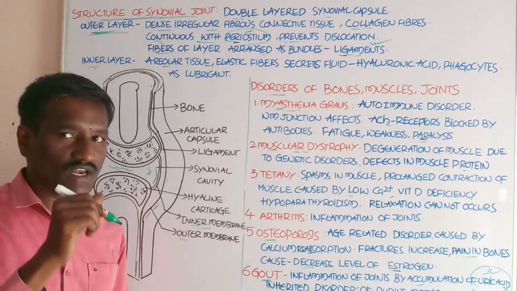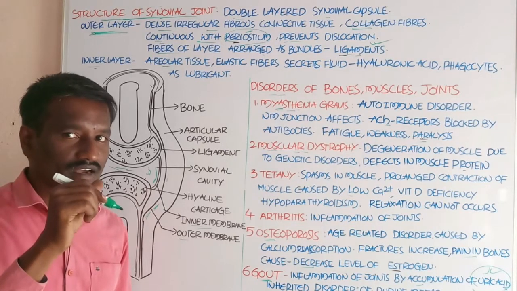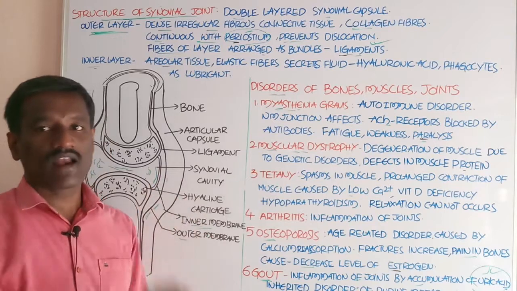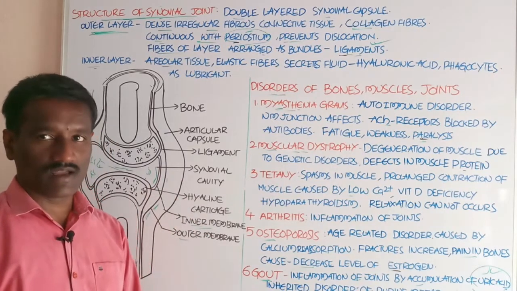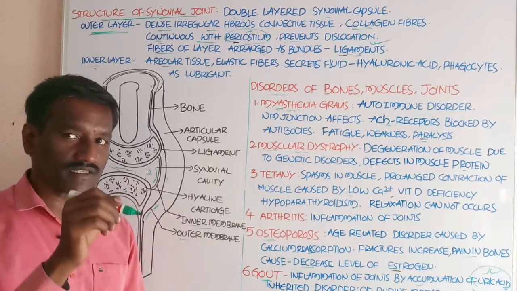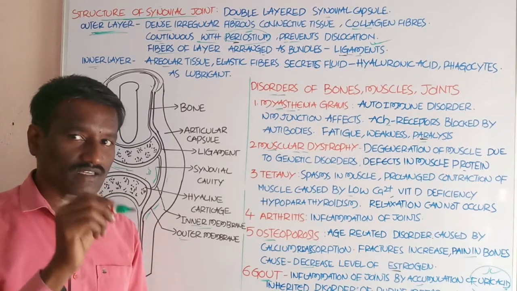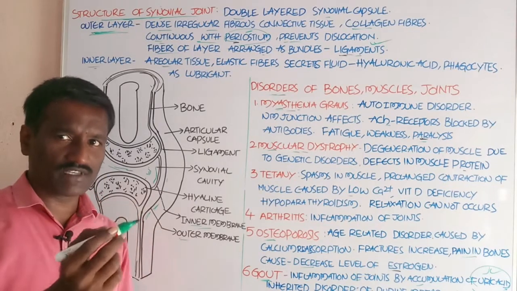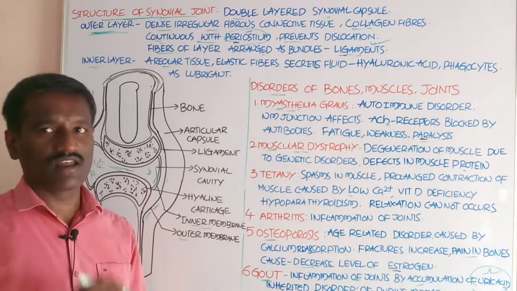What about the ligament? A ligament is the dense connective tissue that connects one bone to another bone. What about the tendon? A tendon is the dense connective tissue that connects the bone to the muscle. This is the difference between the tendon and the ligament.